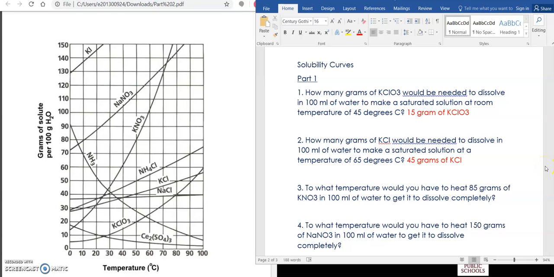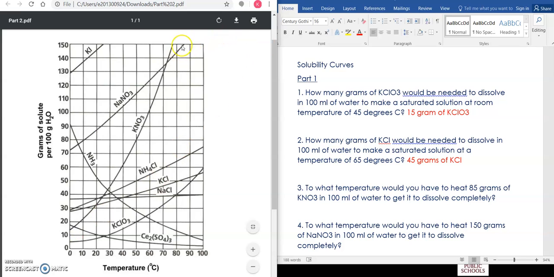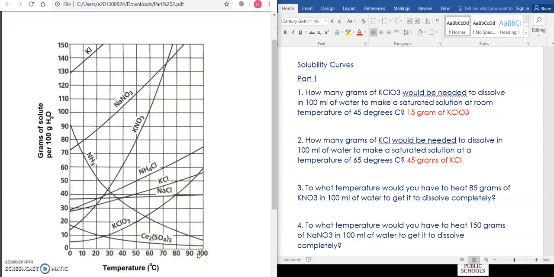To what temperature would you have to heat 85 grams of KNO3 in 100 milliliters of water to get it to dissolve completely? So I would need it to be completely saturated so I can find where the line is for KNO3. KNO3 starts way down here at about 15 and goes all the way up to 150. It's got a lot of change as far as increase in temperature, how much it can be saturated.